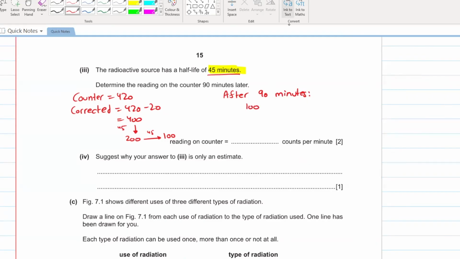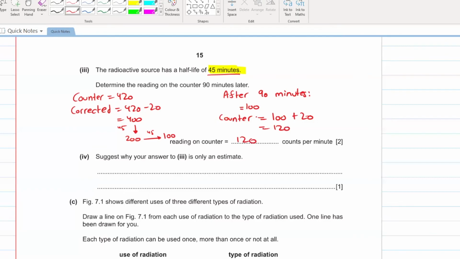But what will you see on the counter? Your counter will include background radiation. So 100 plus 20 equals 120 counts per minute. 120 is your answer. Simple as that, nothing complicated.